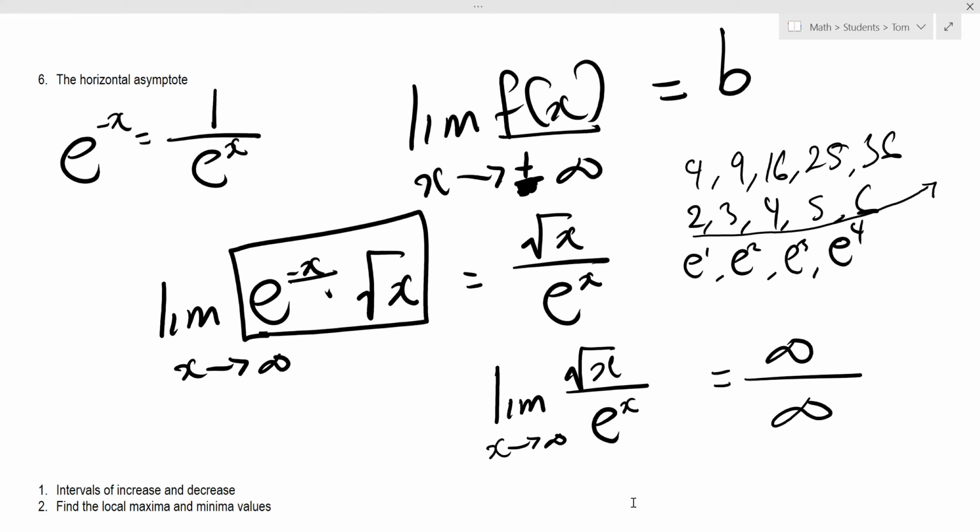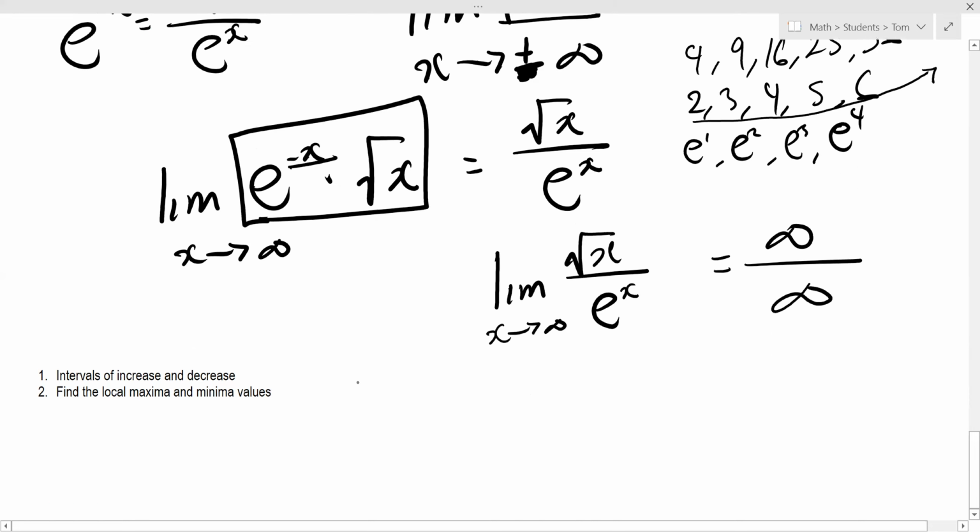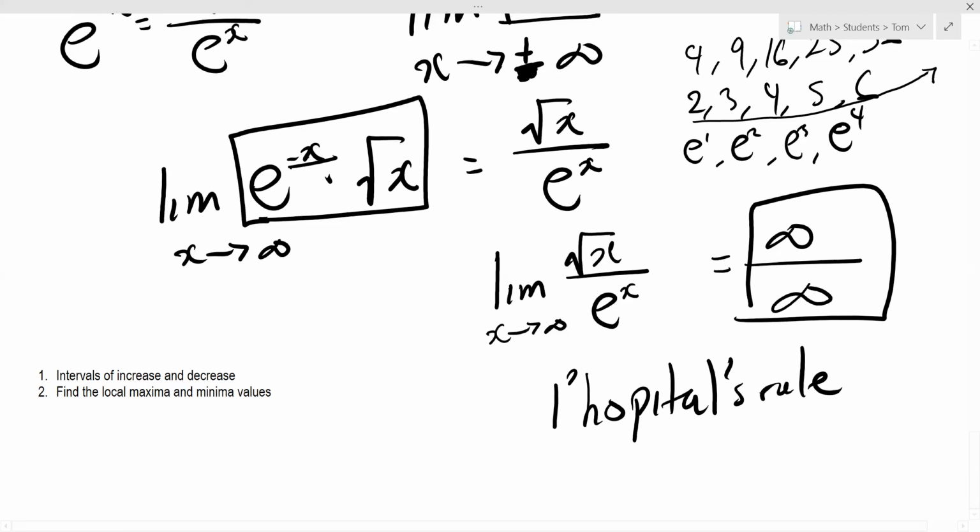This is where L'Hôpital's rule comes in. When you have this situation, this is an indeterminate form. When you have an indeterminate form, you can now use the derivatives.